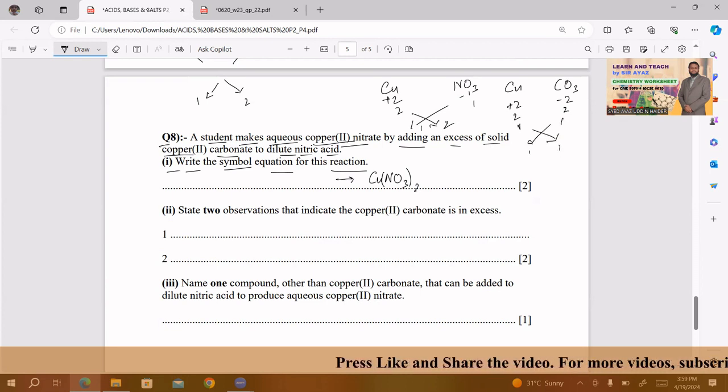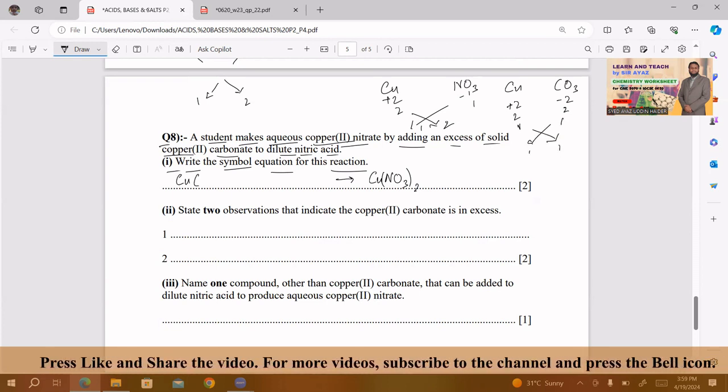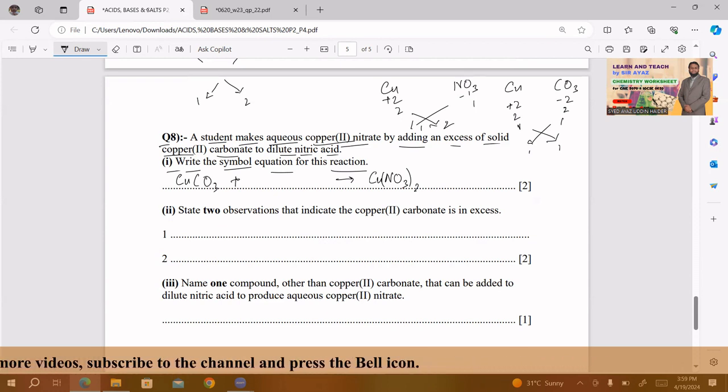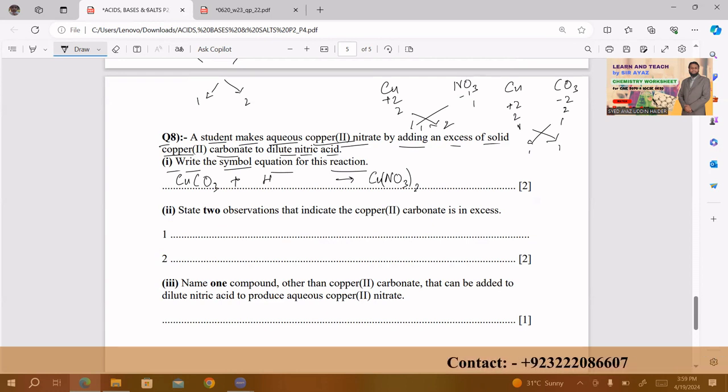So you'll get CuCO3 plus nitric acid. Formula for nitric acid is HNO3. This is a reaction between metal carbonate and acid. What other products will you get? You will always get carbon dioxide and water whenever you react metal carbonate with acid.